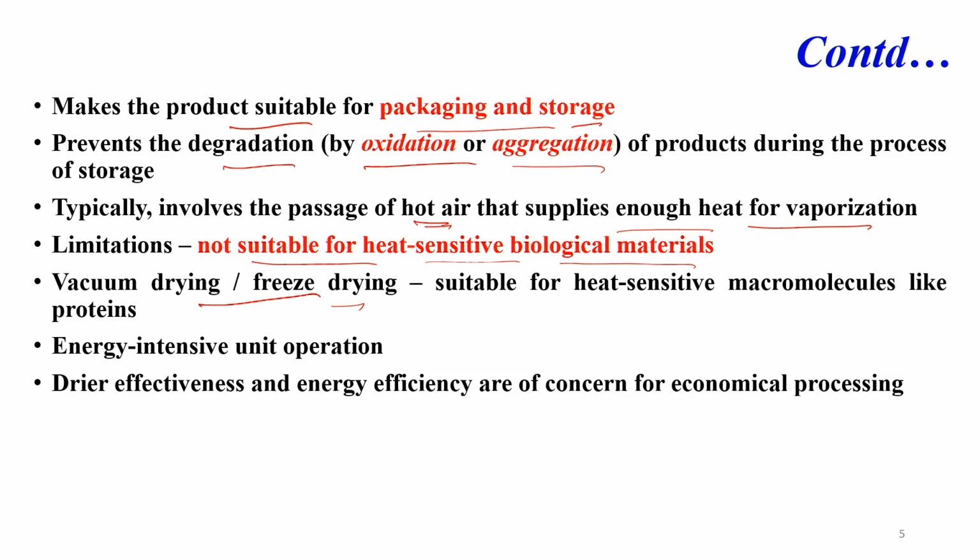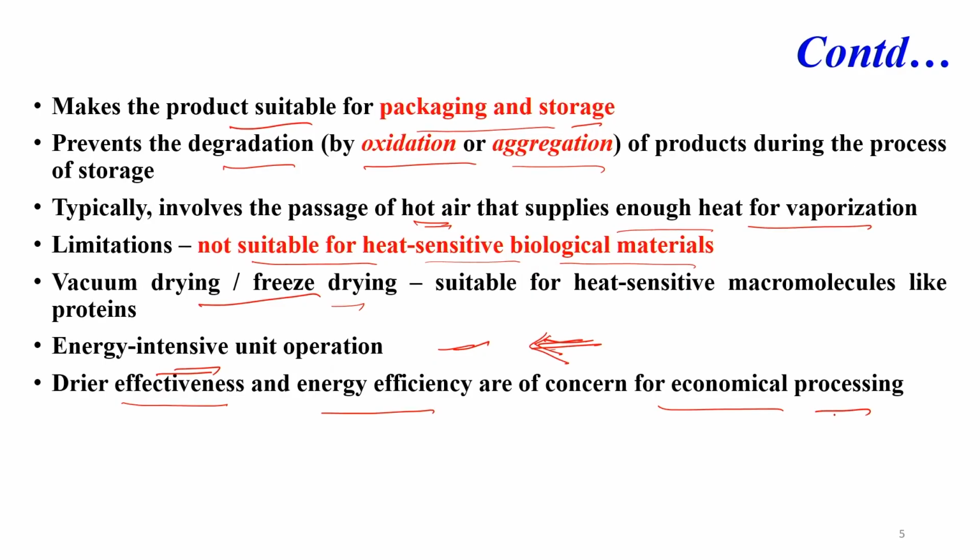But in all the cases it requires energy supply, which means it is an energy intensive unit operation, and there are factors like dryer effectiveness and energy efficiency. These two particularly govern the economics of the whole drying process.